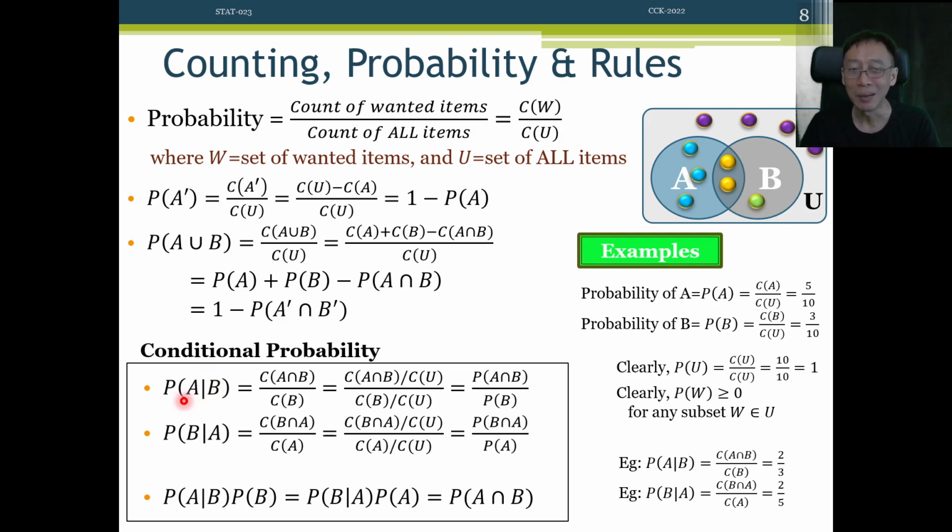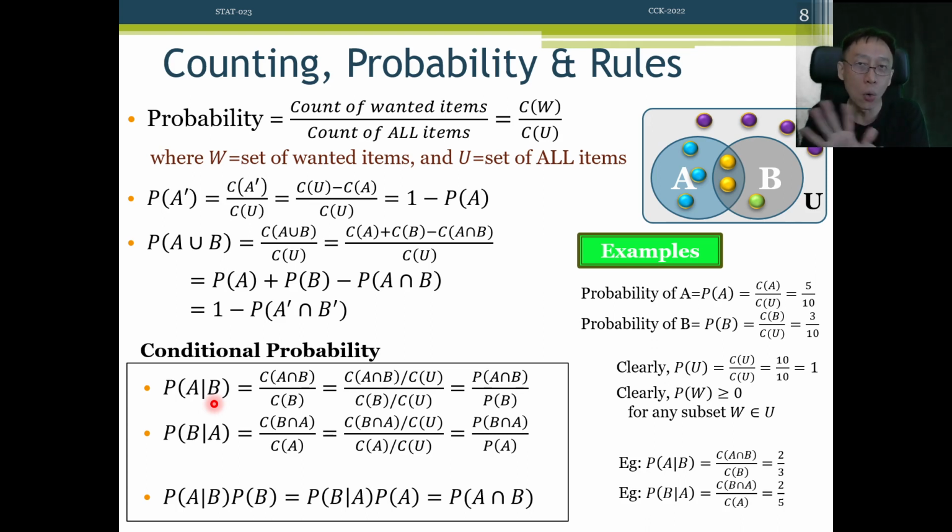So we say probability of A given B. And this given B should be understood as given that B has occurred, or given that B is known, or better still, given that B is known as a fact.